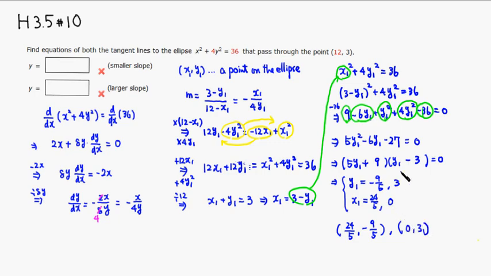So let's find out. If you plug in this value, the slope, I'm going to call it slope M1, is going to be negative, x value 24 over 5 divided by negative 9 over 5. We can cancel the over 5 and over 5. 24 is a multiple of 3, so it's 8, and divide by 3, so those cancel out, so it's going to be 8/3.